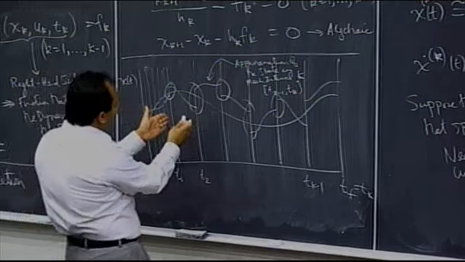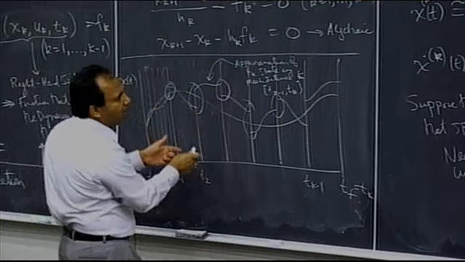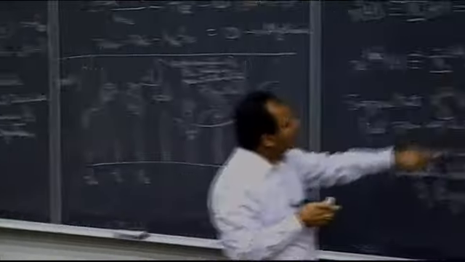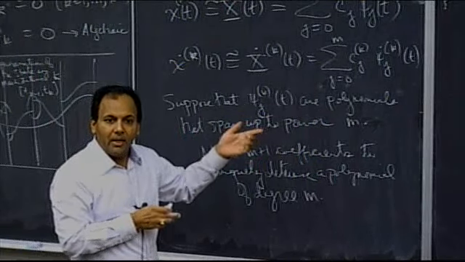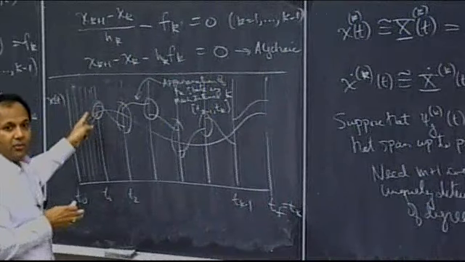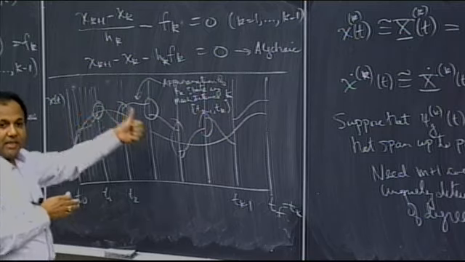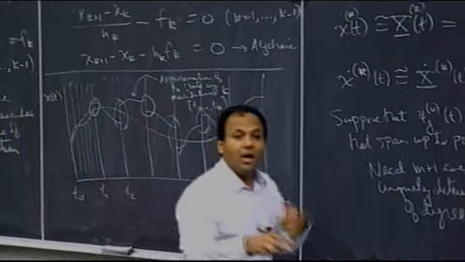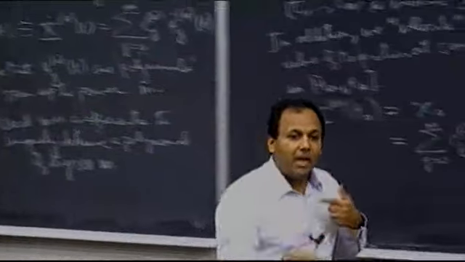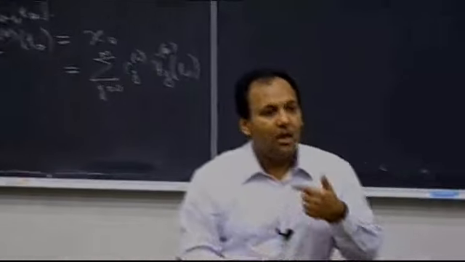If I add a second interval, I'm now going to collocate the polynomial, which is a polynomial of degree m minus 1 at m points in the interval. And whatever the value was that I got from the end of the first interval has to match the value at the beginning of the second interval. So that gives me yet another condition on the function value. Every time I do this, I add a condition on the function value.